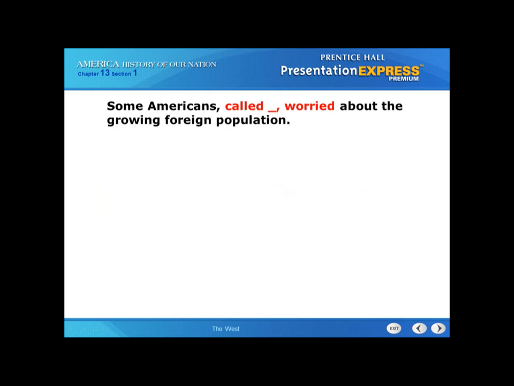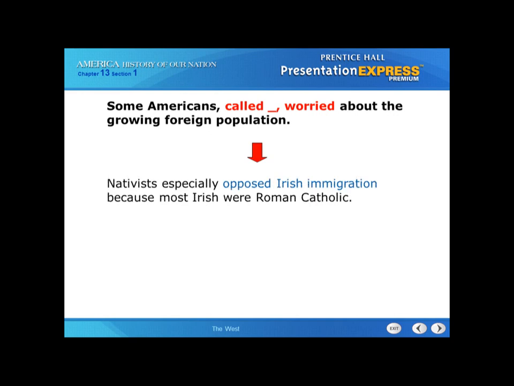Some Americans, called nativists, worried about the growing foreign population. Again, these were called nativists, N-A-T-I-V-I-S-T-S. Nativists especially opposed Irish immigration because most Irish were Roman Catholic.